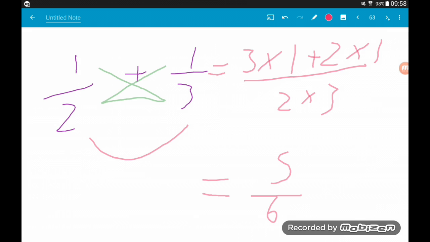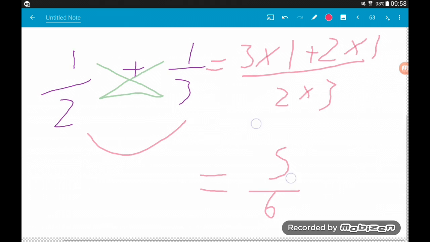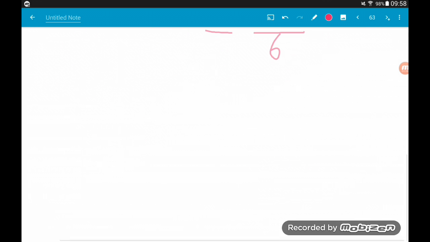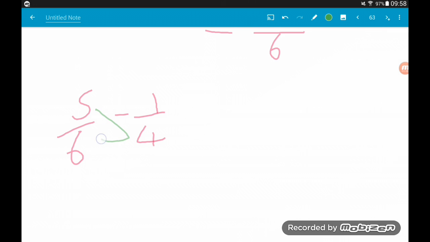Now we can do exactly the same thing if we have a subtraction. Let's do an example. Let's say we want to do 5/6 minus 1/4. So again, we're using cross multiplication. We do the bottom of the second times the top of the first, 4 times 5.